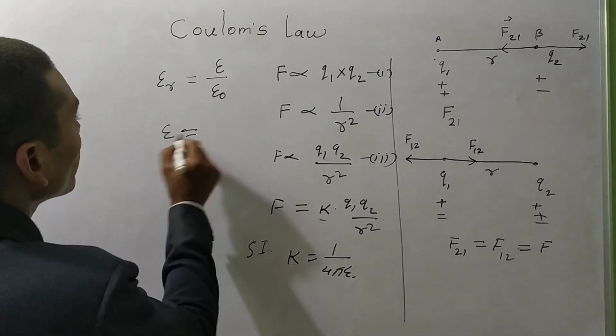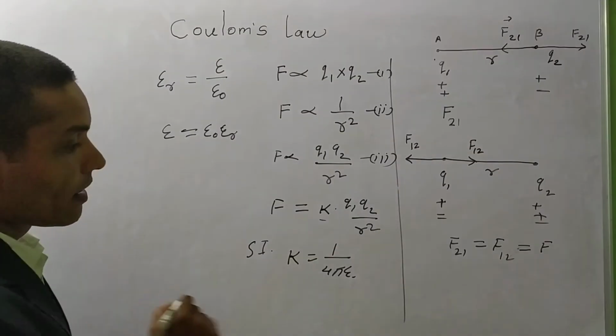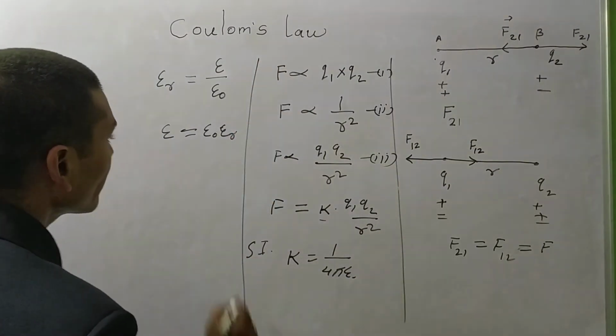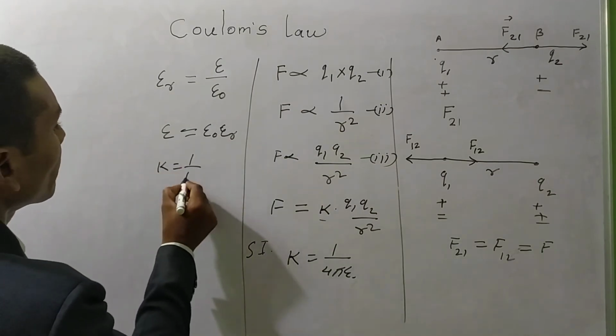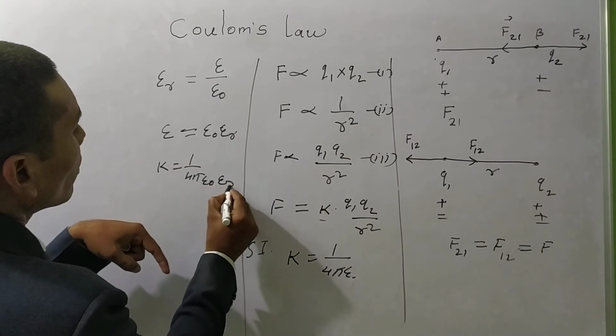So epsilon will be epsilon naught into epsilon R. Then the value of K will be 1 upon 4 pi epsilon naught into epsilon R.